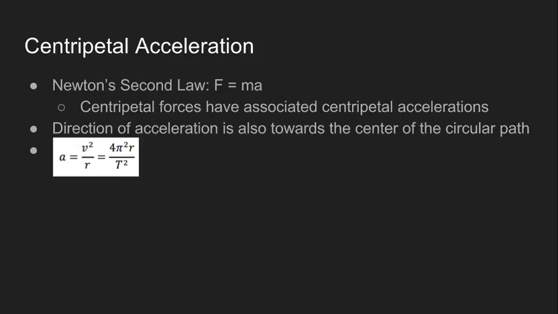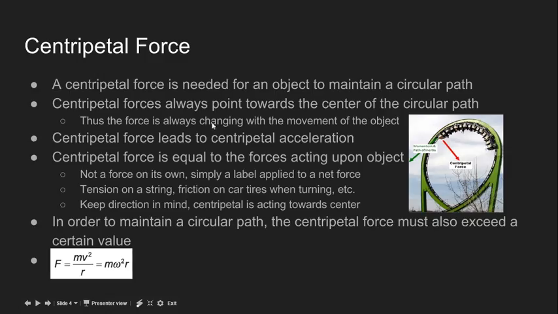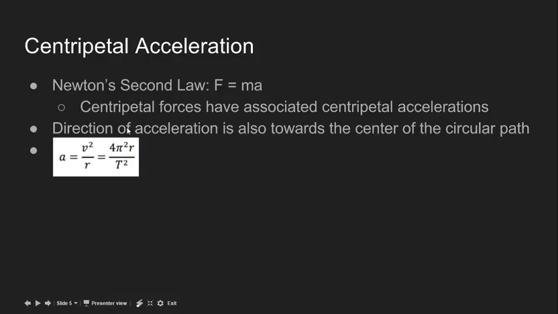Now that we know centripetal force, we can find centripetal acceleration. Using Newton's second law, F equals ma, right? We know the equation for centripetal force, which is mv squared over r. Because m's in there, we can just isolate our acceleration, which turns out to be v squared over r.